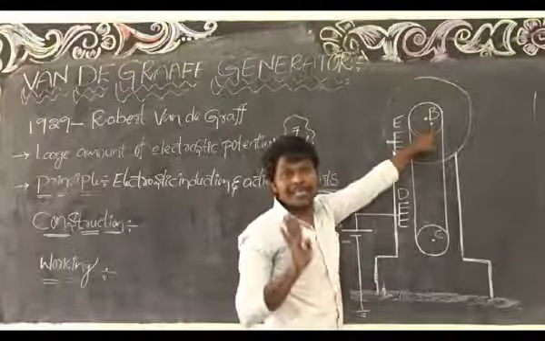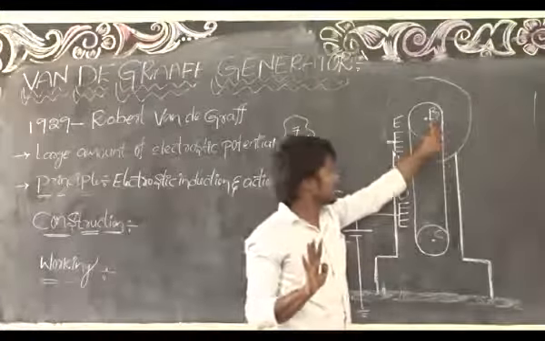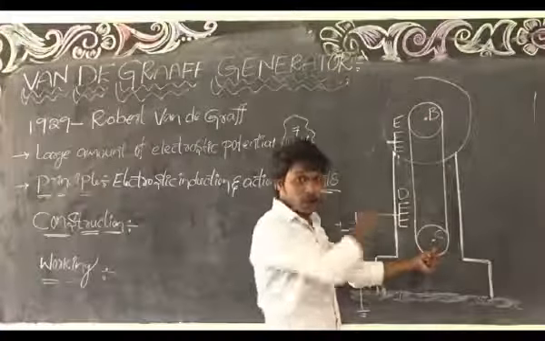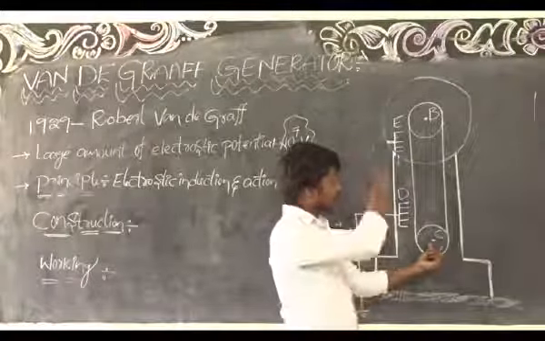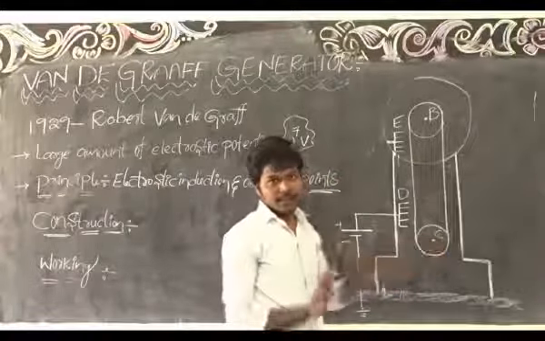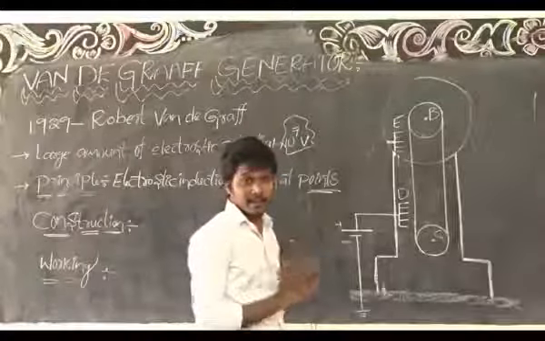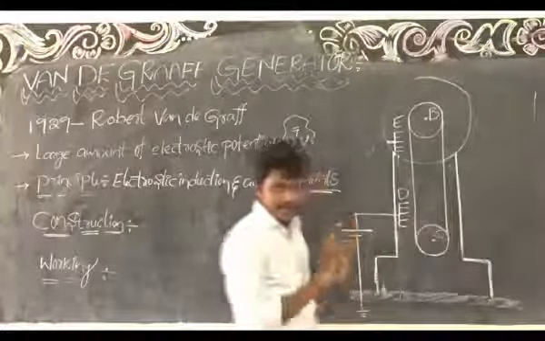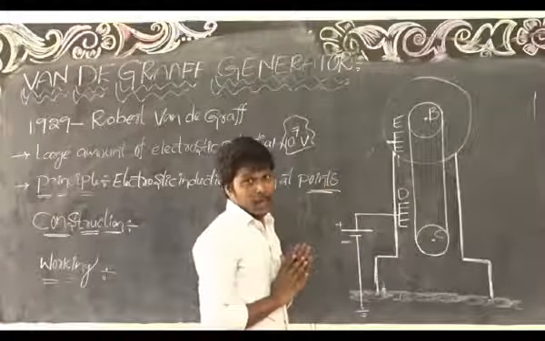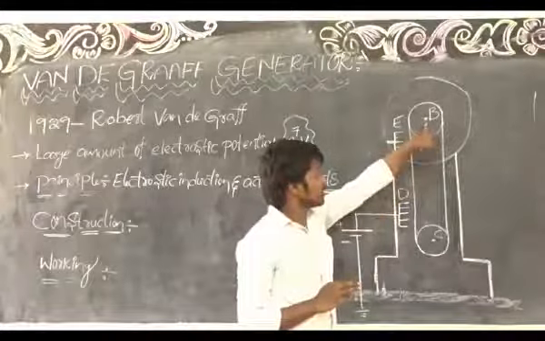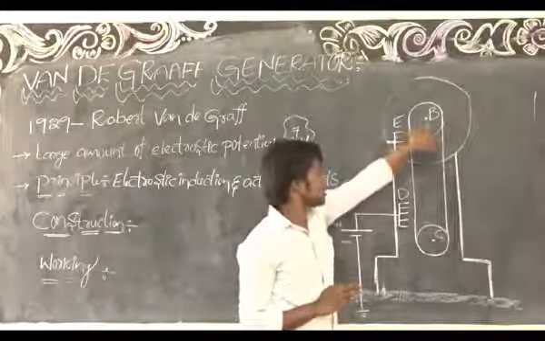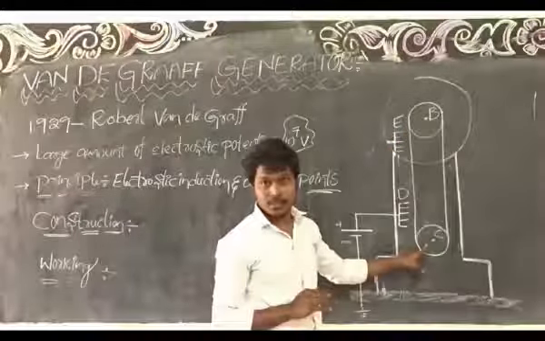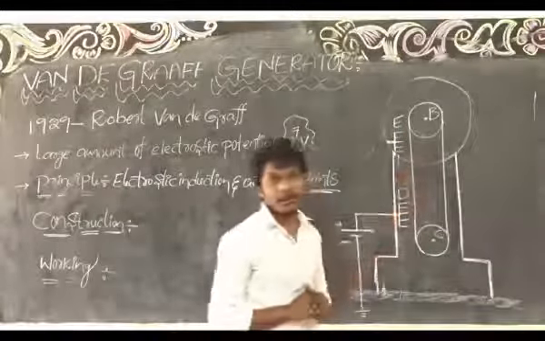A pulley B is placed inside the sphere and another pulley C is placed downside of the sphere. Once again, let us consider a spherical conducting sphere placed on two insulating stands. A pulley B is placed at the middle of the sphere and another pulley C is placed on the downside of the sphere.